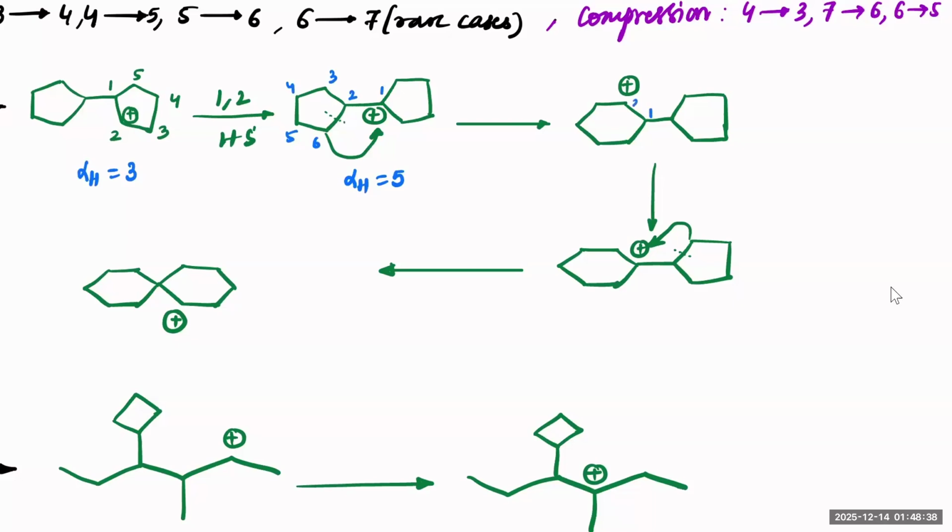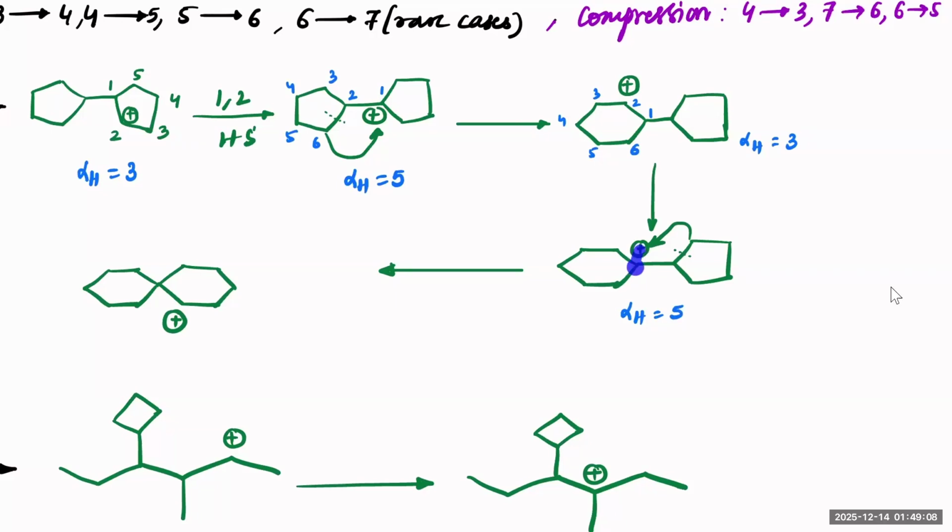So this is 1, 2, 3, 4, 5, and 6. And notice carefully, now the positive charge again appeared on second position. And you see the number of alpha hydrogens are 3. Again, hydride shift can take place from one position. So now the alpha hydrogens being how many? 4 plus 1, 5. So this shifting is possible.